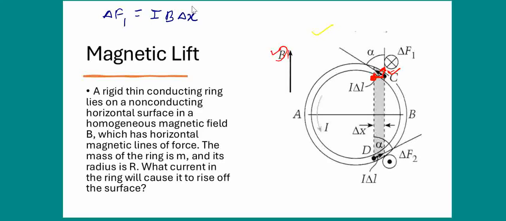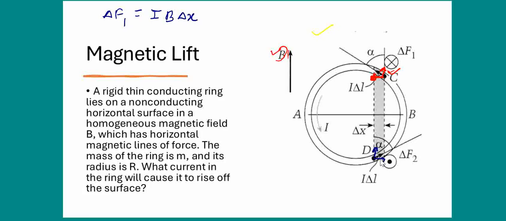And the second element, again we can think about the second element. It will also have two components, one in the vertical direction and one in the horizontal direction. And the horizontal component of delta L, I would like to call it delta X, and the magnetic field is in this direction, vertically upward.